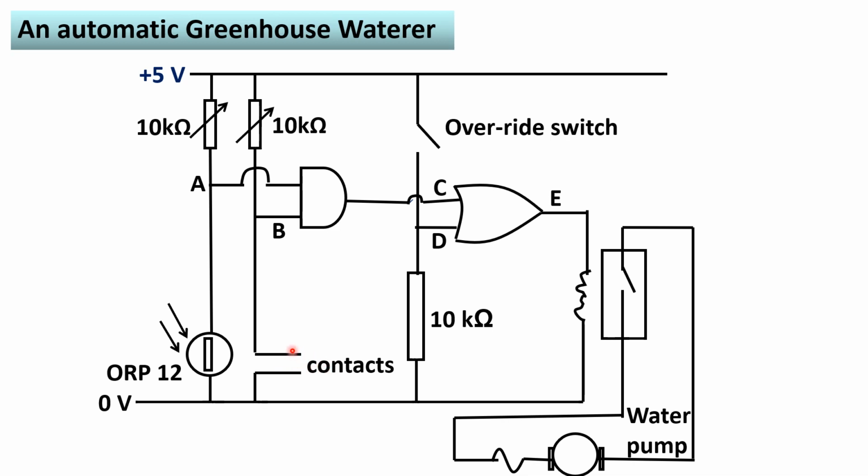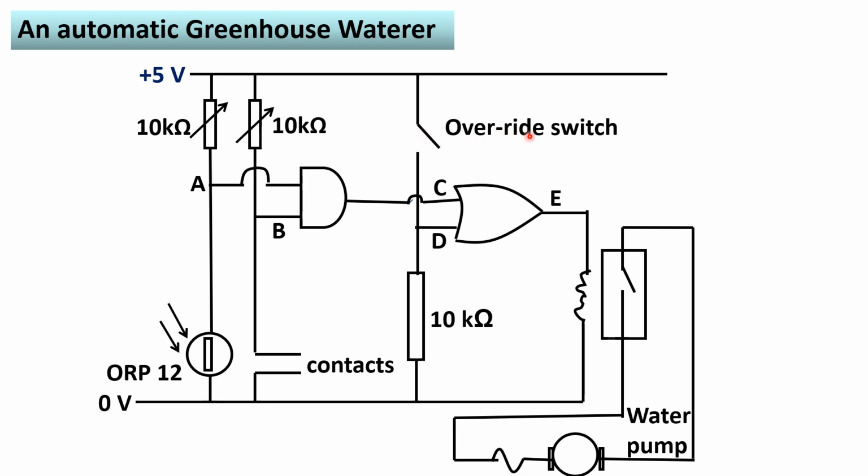When you say contacts, this represents the switch that is installed on the soil to describe whether the soil is dry or wet. So that is what is meant by the contacts. And there is an override switch over here.